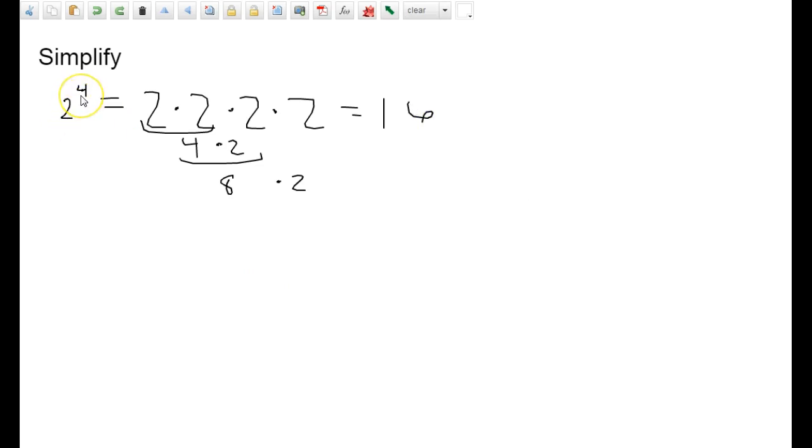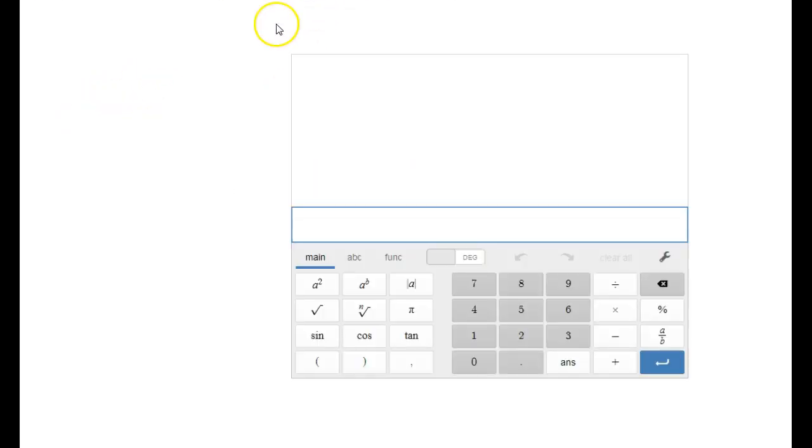You can also take this and plug it into a calculator. One calculator I really like is called Desmos Scientific. On this calculator, when you plug in 2 to the 4th, you start with the number 2. You'll see a squared button, but that's if your exponent is 2, not if the first integer, called the base, is a 2.